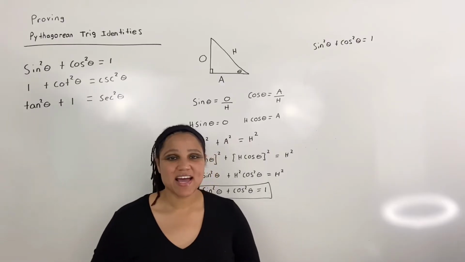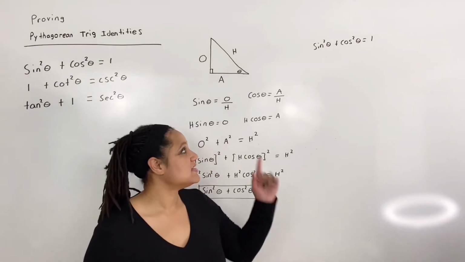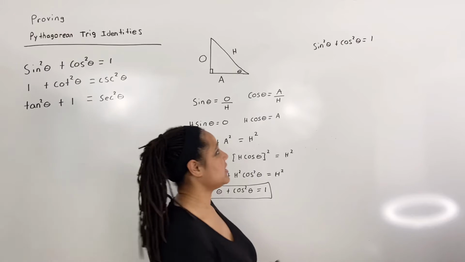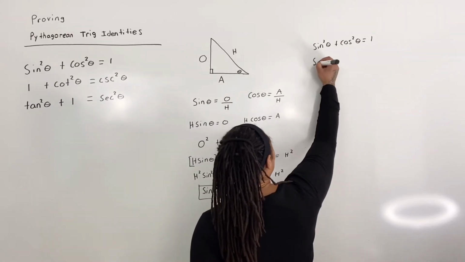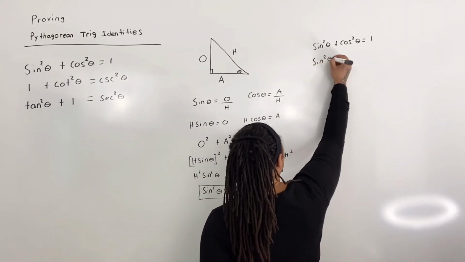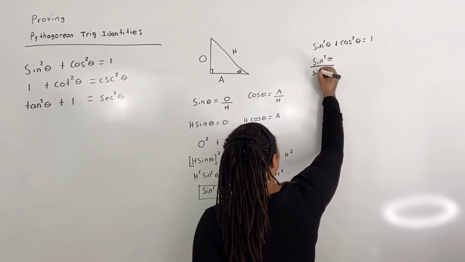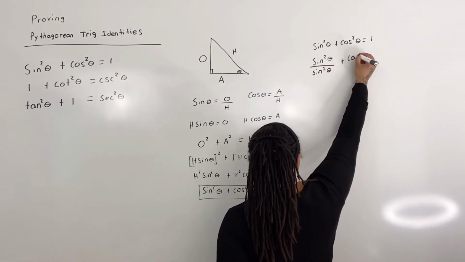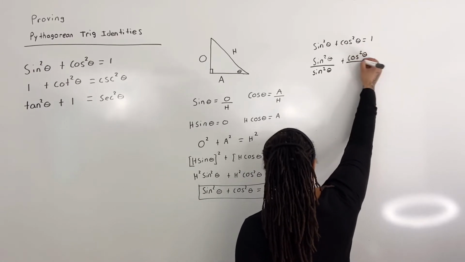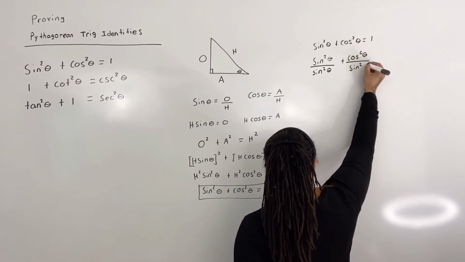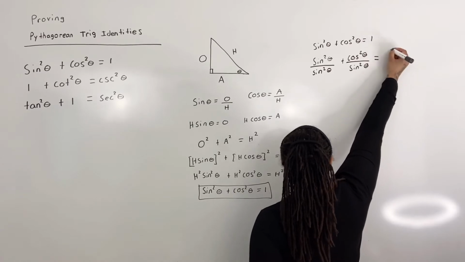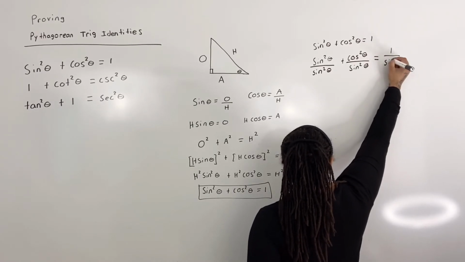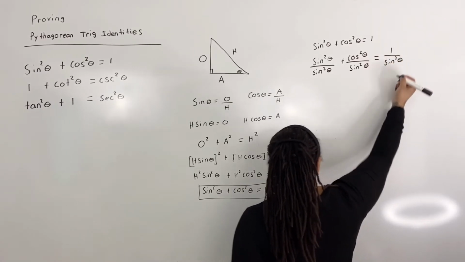Now if I divide everything through by sine squared theta, we would get sine squared theta divided by sine squared theta plus cosine squared theta divided by sine squared theta is equal to 1 over sine squared theta.